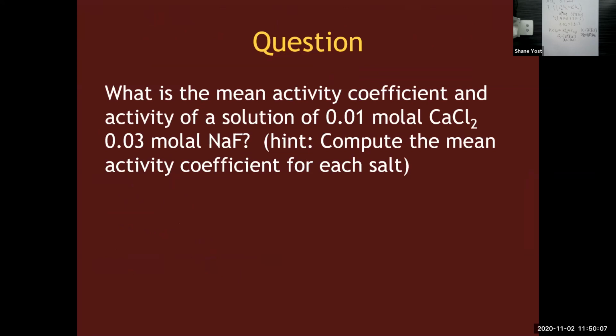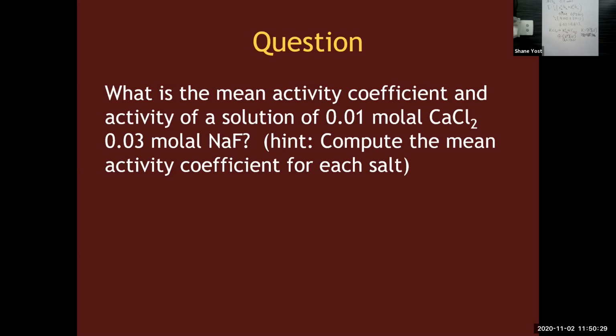All right, so let's do some questions. That's it for the new material. To sum up what we're presenting today: ions in solution have reduced concentrations from the ideal values. We can get those through the activities.